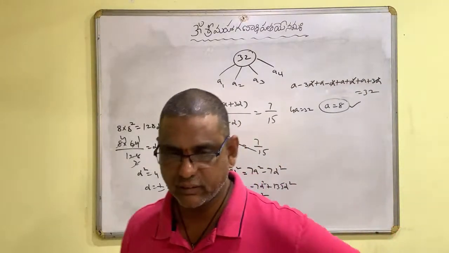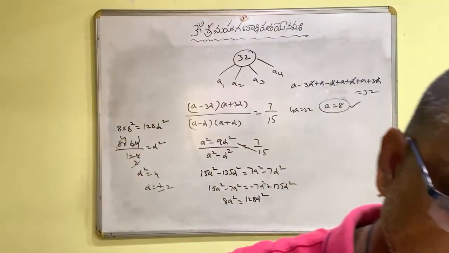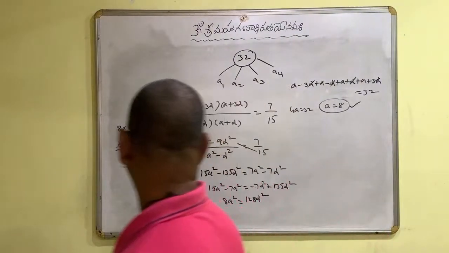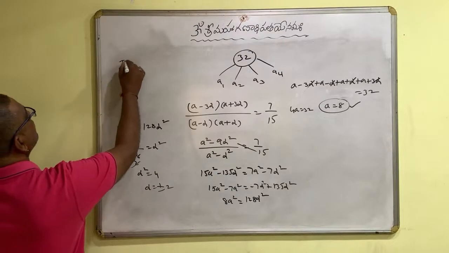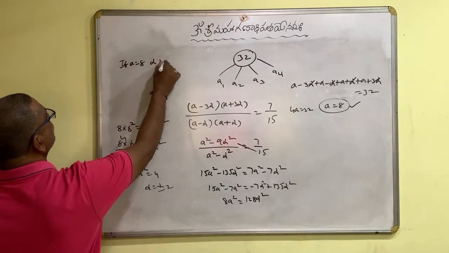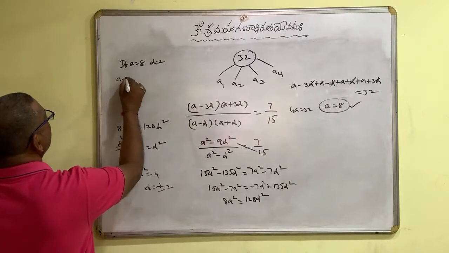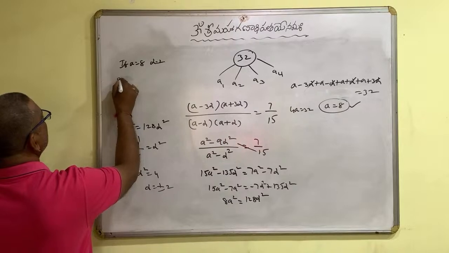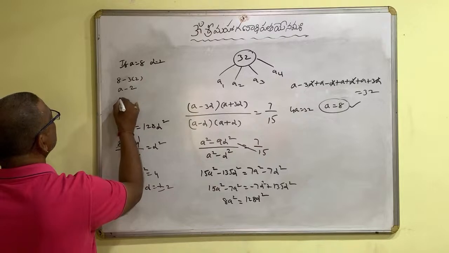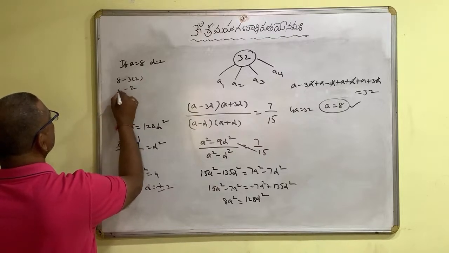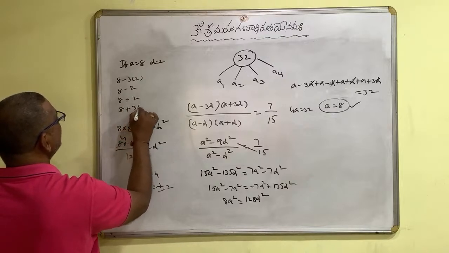Higher order questions here. So if A is 8, D is 2, then A minus 3 into 2, A minus 2, A plus 2, A plus 3 into 2.